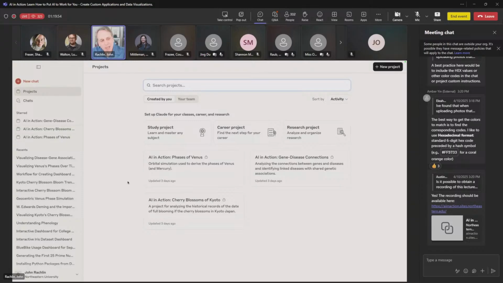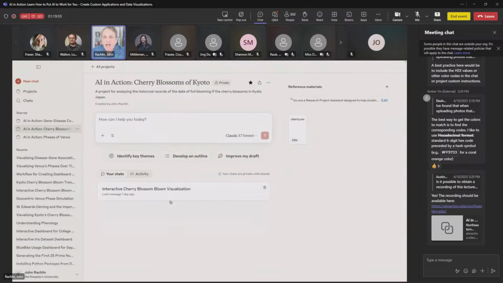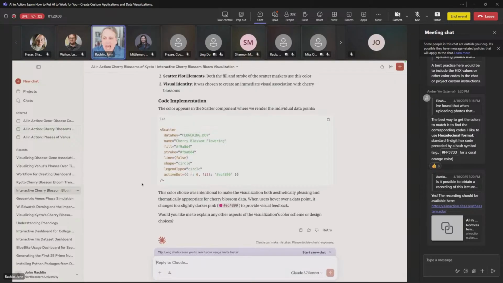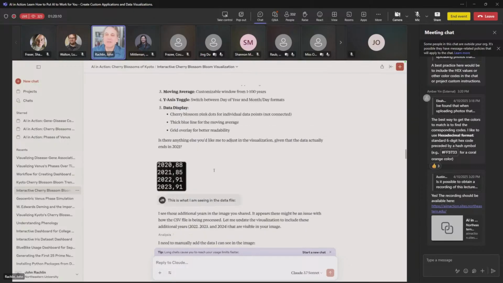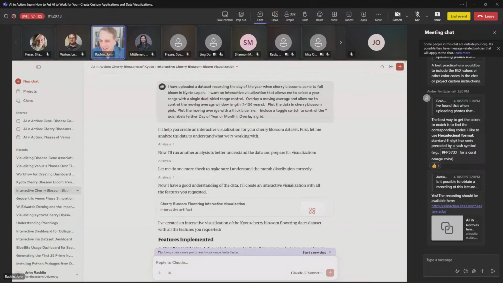So we're working with cherry blossom data, and in doing that, I created a project, I uploaded some data, and for this particular example, I had in mind a particular visualization that I was aiming for. Now, it's not necessary to be this detailed when you're first starting out, but because in this particular example, I knew exactly what I wanted, I chose to give Claude some specific instructions.